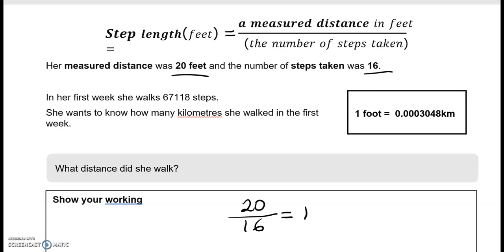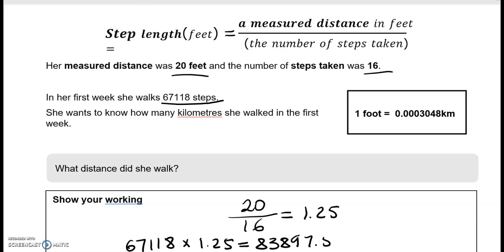And that gives 1.25. Now the number of steps is this, so 67118 times 1.25 is equal to 83897.5 feet.